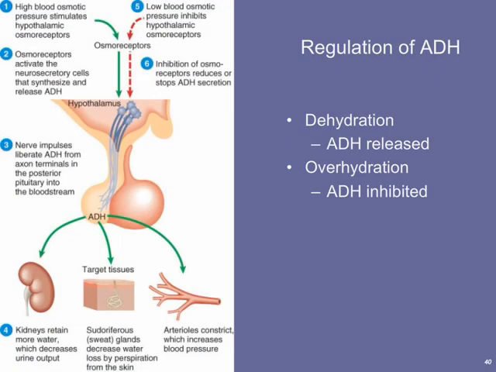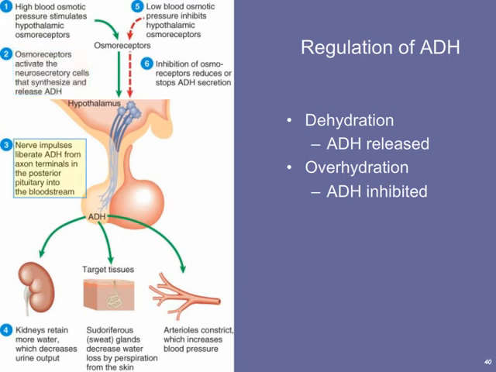The secretion of ADH is based on humoral stimuli. Remember that humor means liquid, and here we're talking about the body's main liquid, the bloodstream. As the body becomes dehydrated, the concentration of electrolytes and other salts in the bloodstream increases. This high osmotic pressure stimulates the hypothalamus osmoreceptors. The osmoreceptors activate the neurosecretory cells that synthesize and release ADH.